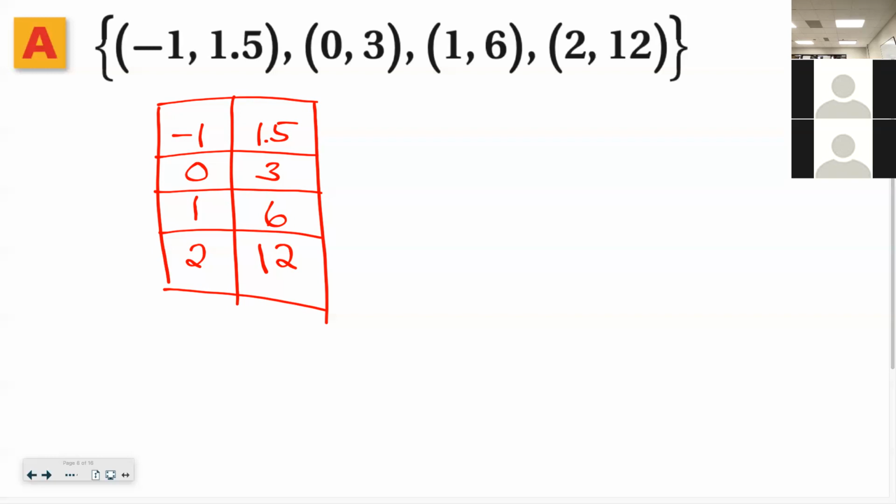Good, even. So if this is an even interval, so -1 to 0, up 1, 0 to 1, up 1, 1 to 2, up 1. Because these are all the same, then we're able to go look at the right column. If these weren't even, then it doesn't really work. So we usually have to check this first.